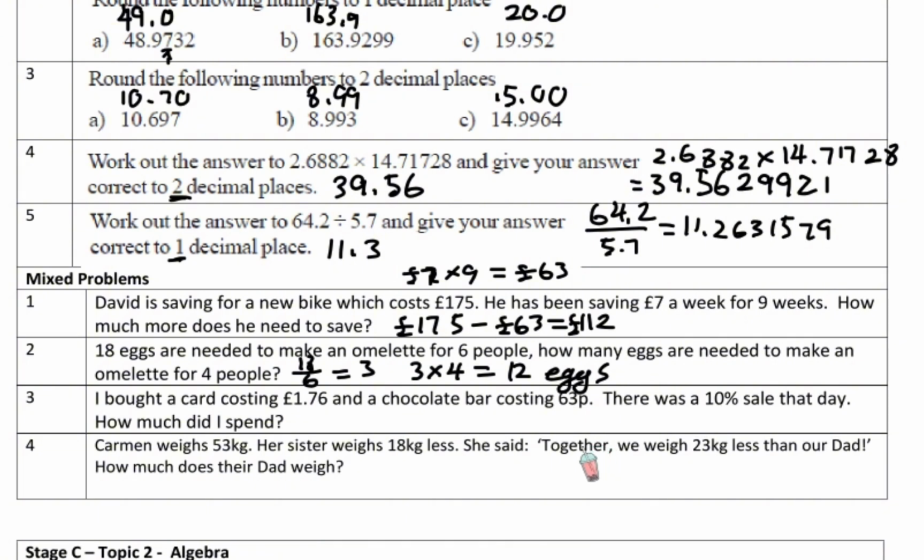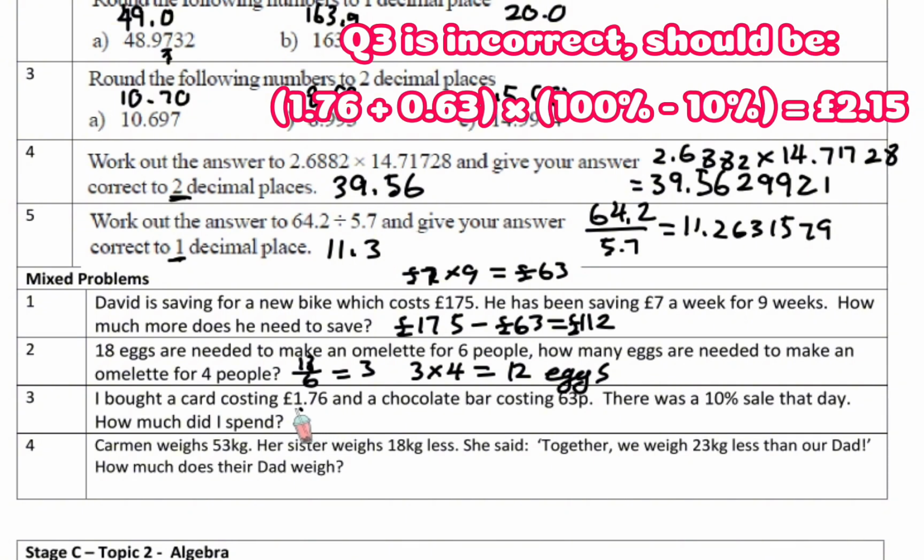I bought a card costing 1.76 and a chocolate bar costing 63 pennies. There was a 10% sale that day. How much did I spend? So we will take 1.76 plus 0.36, which is 2.12, and 2.12 multiplied with 90%.